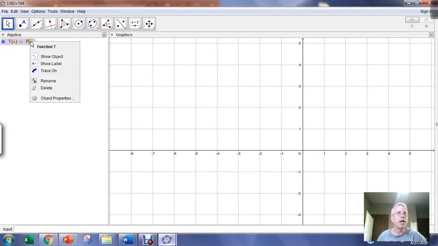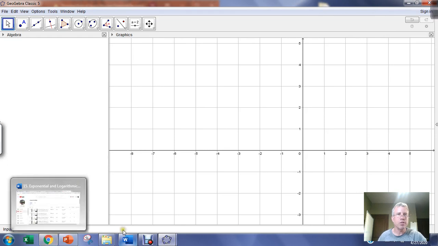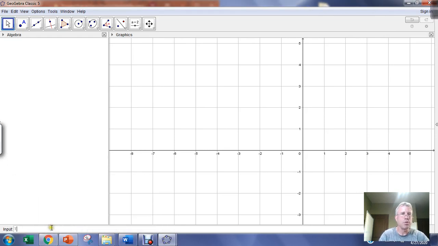And I did not do a good job of typing that in, so we're going to try it one more time. Temperature as a function of x equals, it was 75 minus 40 e to the parentheses negative 0.031 x, and then I can type enter, and there it is.